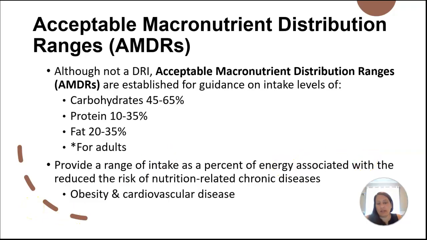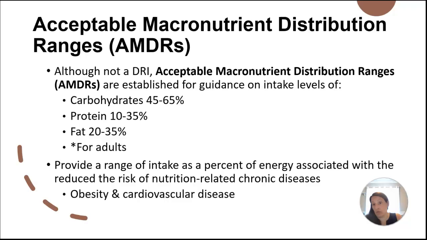What this says is that for carbohydrates, 45 to 65% of your total calorie intake should come from carbohydrates. Protein should be 10 to 35, fats 20 to 35. Okay, and these numbers are for adults. It is different for younger individuals. So you need to be in that range, without exceeding 100%.